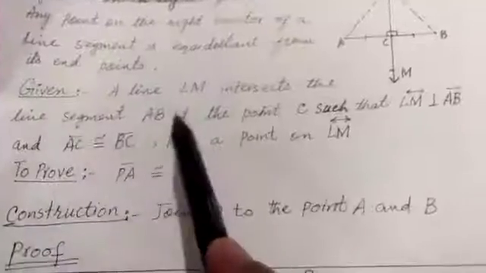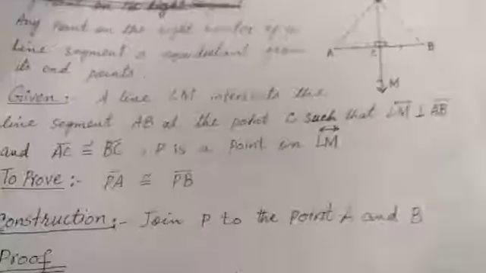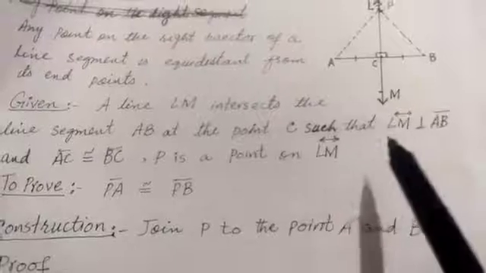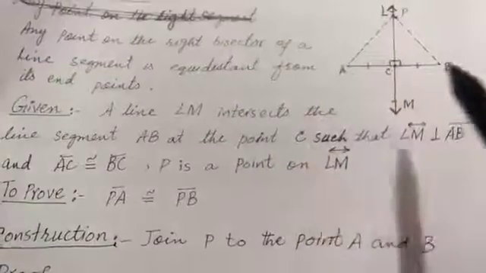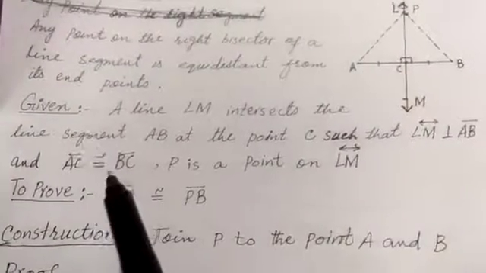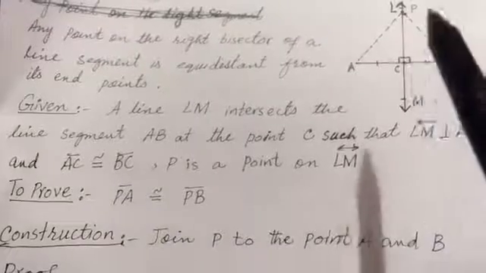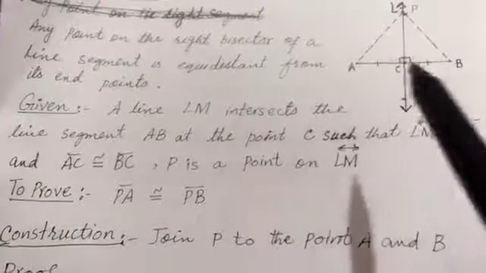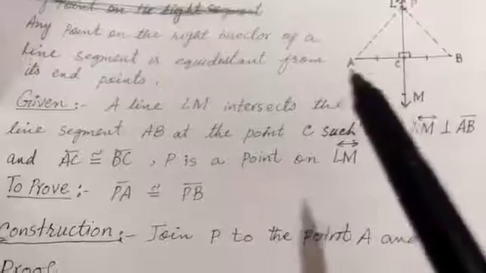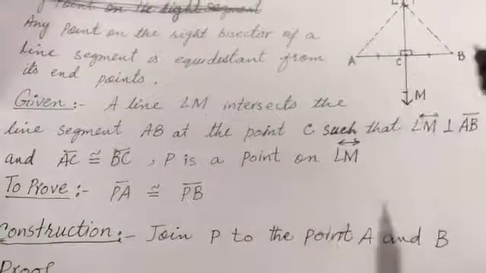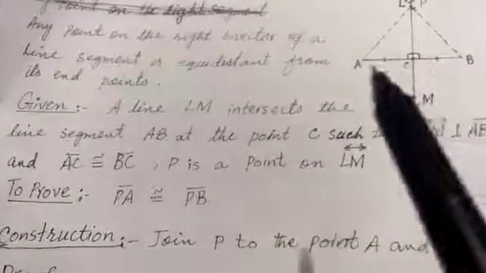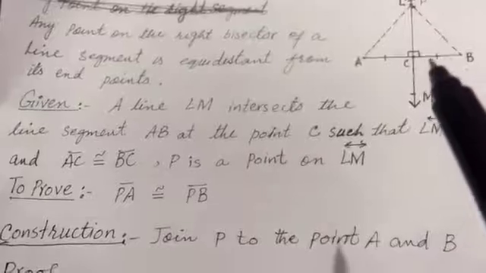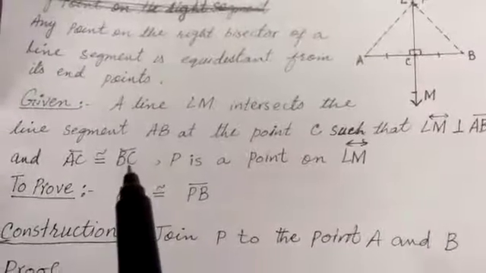Line LM intersects the line segment AB at point C such that LM is perpendicular to AB and AC is congruent to BC. When this line bisects the line segment AB into two parts, the names of these two parts will be AC and CB, and both are equal in measurement.